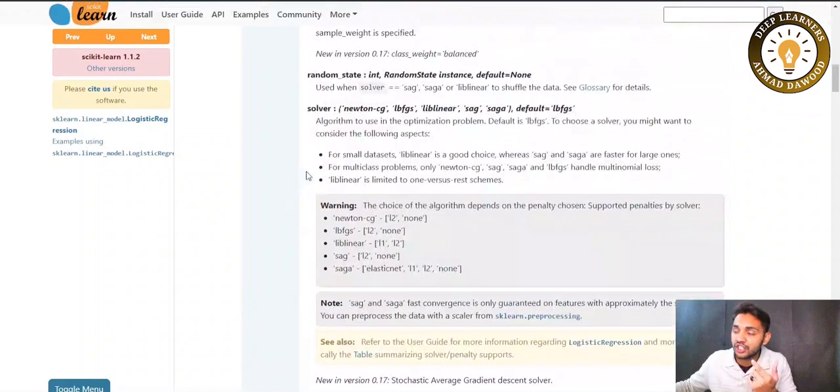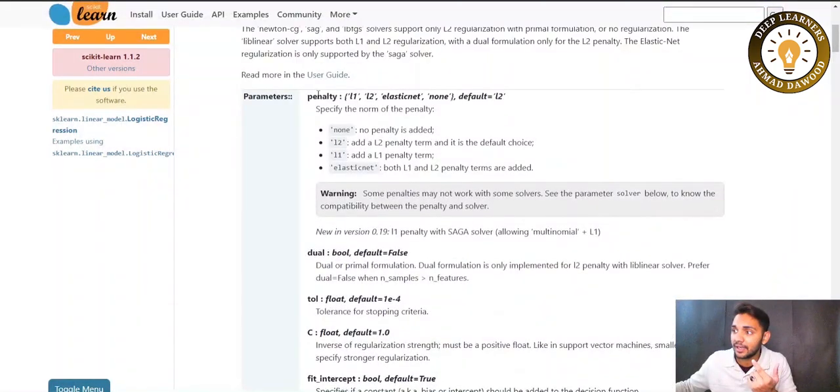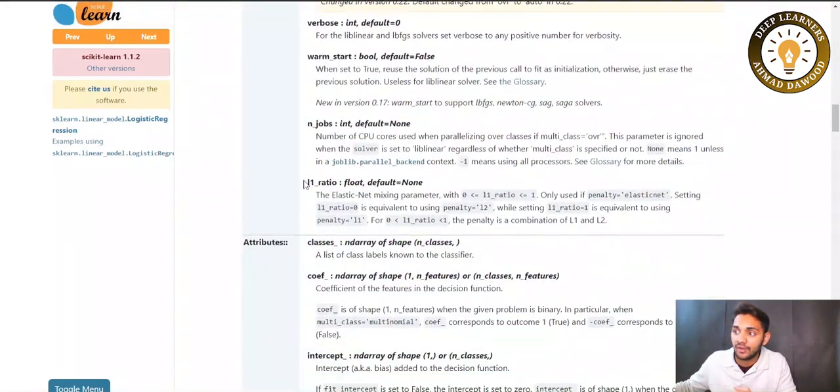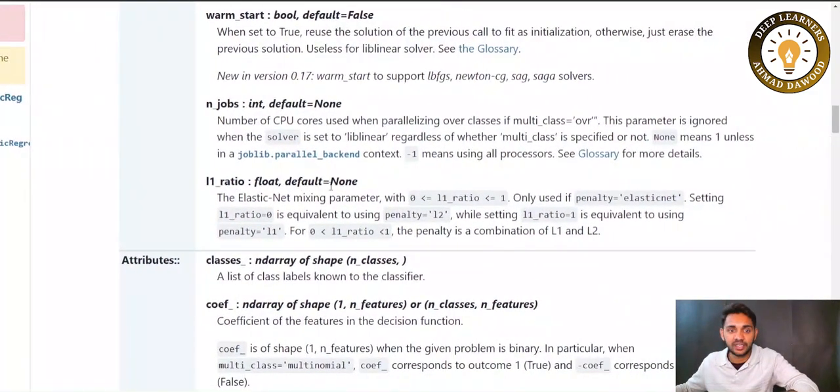When we pass the value elastic net in the penalty parameter, we also have to mention l1_ratio. It is the elastic net mixing parameter, with a range between 0 and 1.